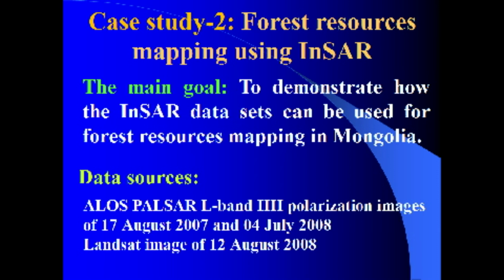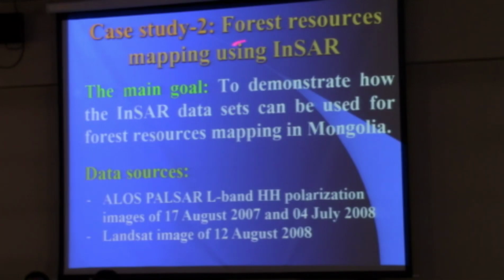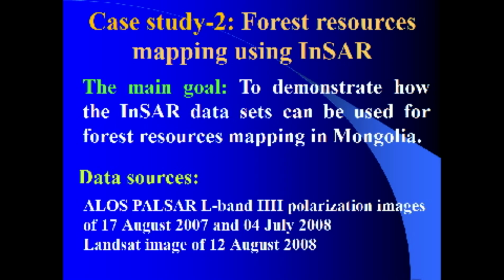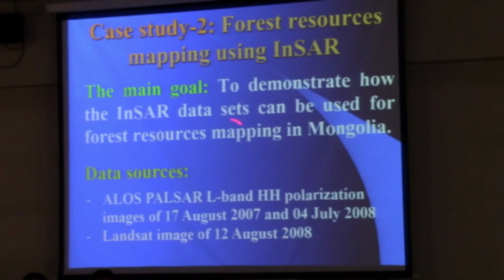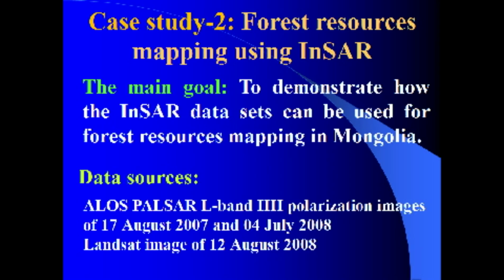Now let me talk about my second case study, entitled Forest Resources Mapping Using Interferometric SAR. In the current study, we have used ALOS PALSAR L-band HH polarization images acquired in August of 2007 and in July of 2009.